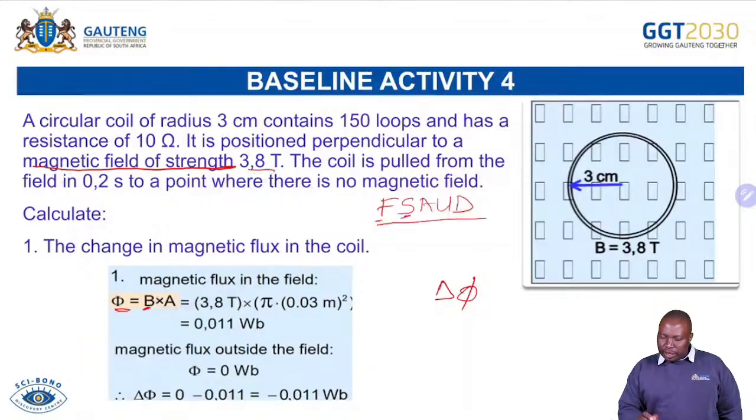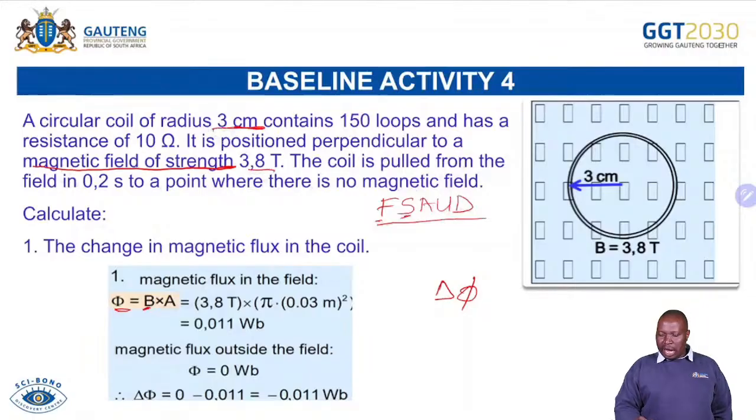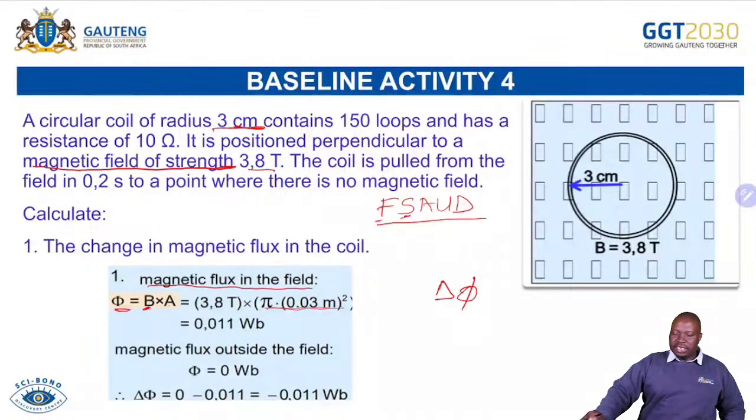But don't forget, we're given the radius of 3 centimeters. So we can calculate the area, which is pi r squared, and then you multiply pi r squared with the 3,8, and it gives you the magnetic flux in the field.